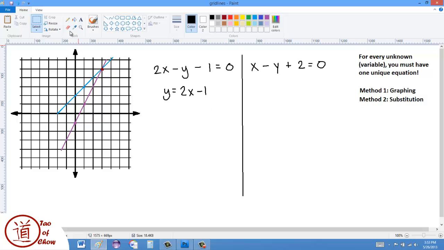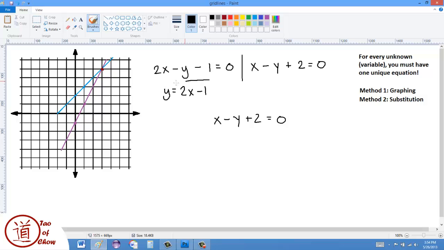Here I have this equation expressed as y. I'm just going to get rid of this line in between. So I have the equation from here, x minus y plus 2 is equal to 0.